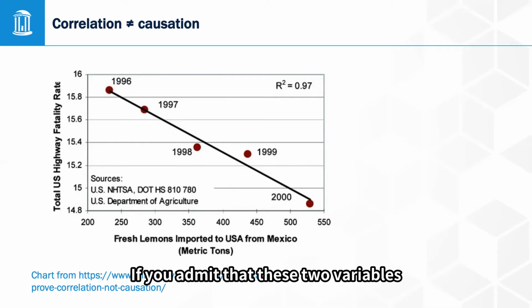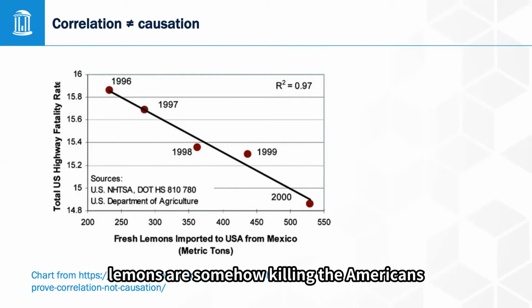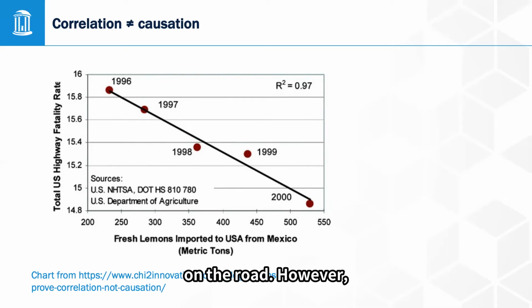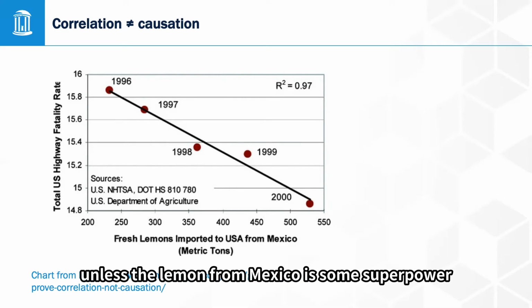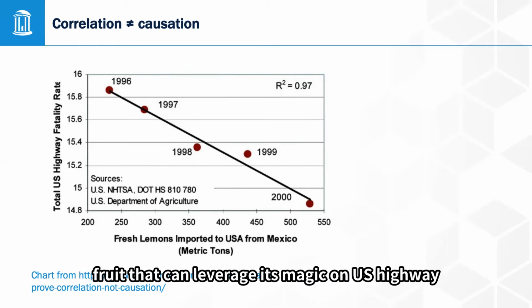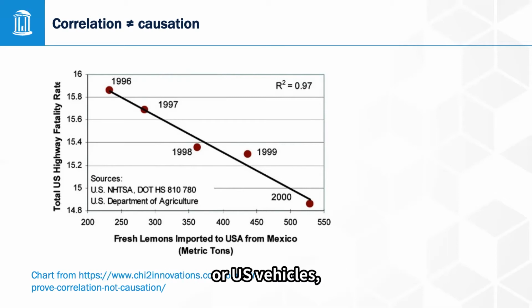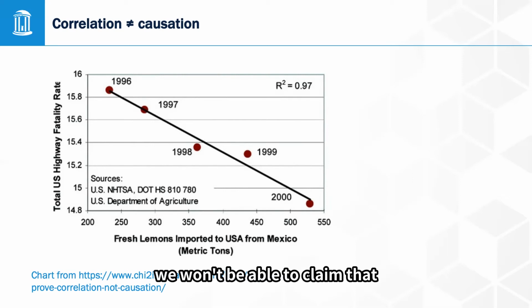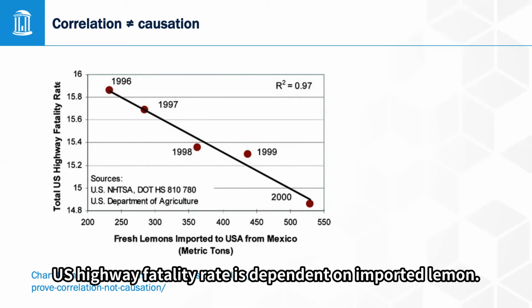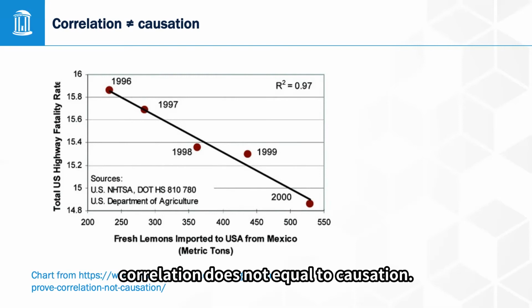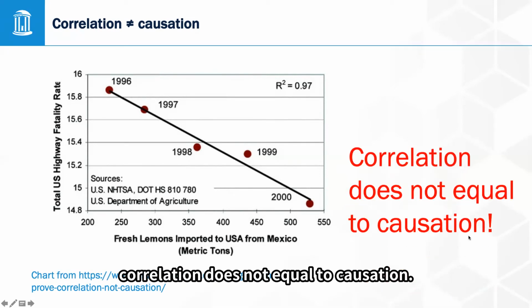If you admit that these two variables are in a relationship of causation, you also admit that Mexican lemons are somehow killing Americans on the road. However, unless the lemon from Mexico is some superpower fruit that can leverage its magic on US highways or US vehicles, we won't be able to claim that the US highway fatality rate is dependent on the imported lemons. That's what we call correlation does not equal causation.